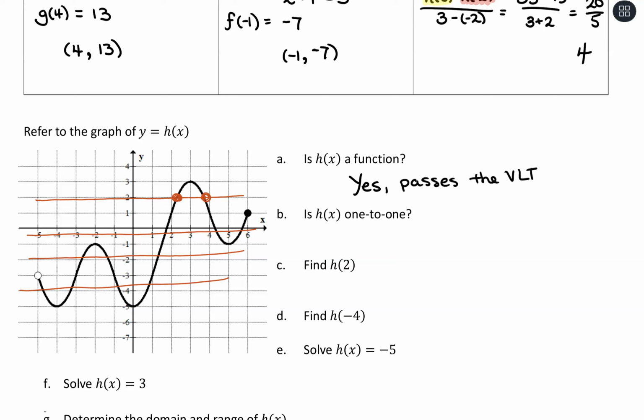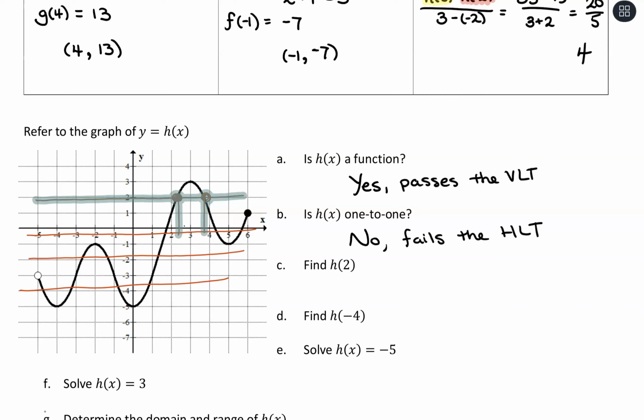So what that's showing me is if I plug in about 2.2 or about 3.8, we're getting this same output of positive 2. So with that, it is not one-to-one because it fails the horizontal line test.